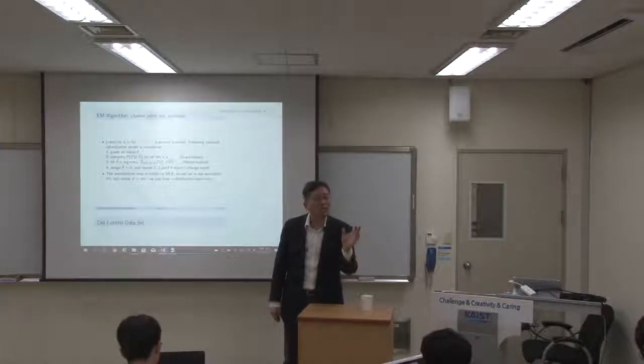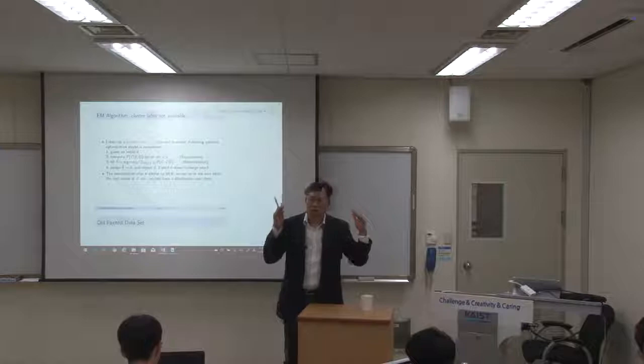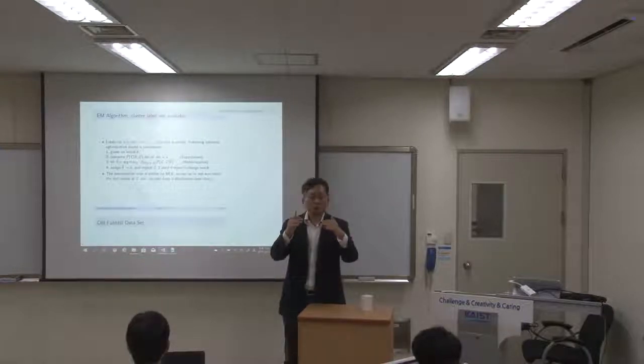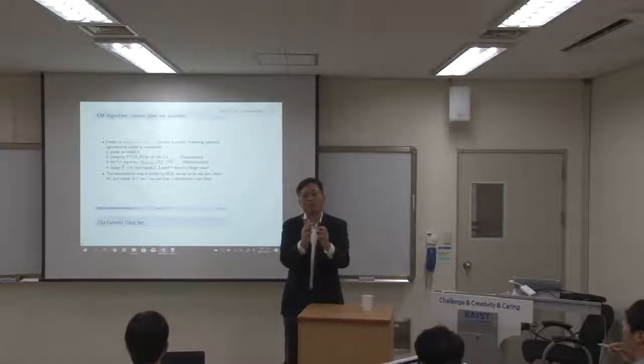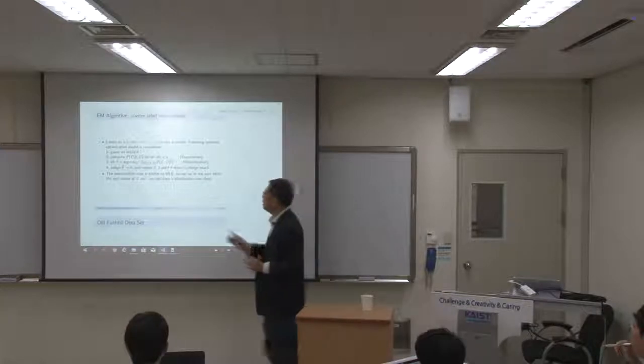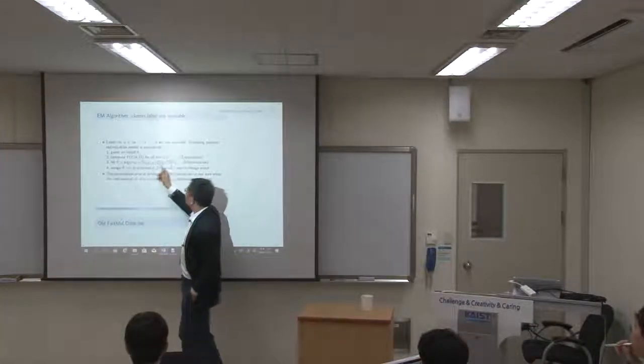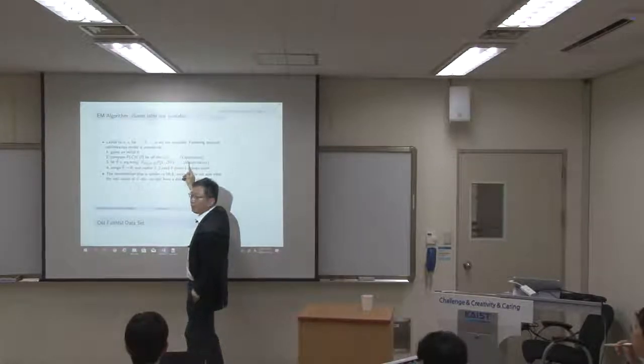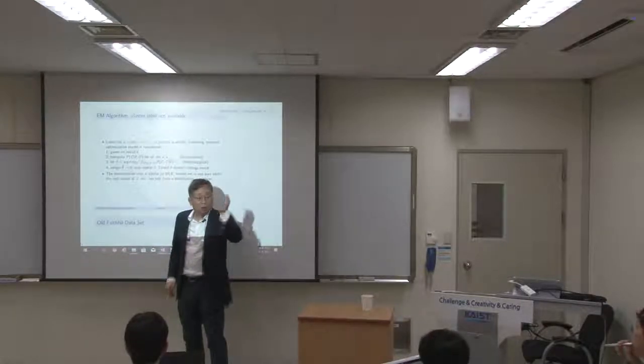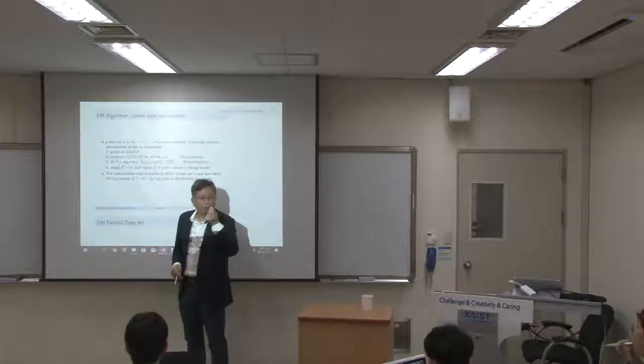And you will see this in many situations. You have a very difficult problem, and you wish you had the label for it. You don't know. So I consider all the situations, and I give each some probability. Based on that, I can calculate. So this is called the expectation step. What's the probability of red or not?